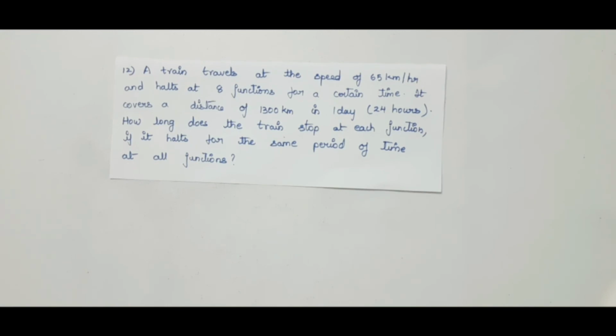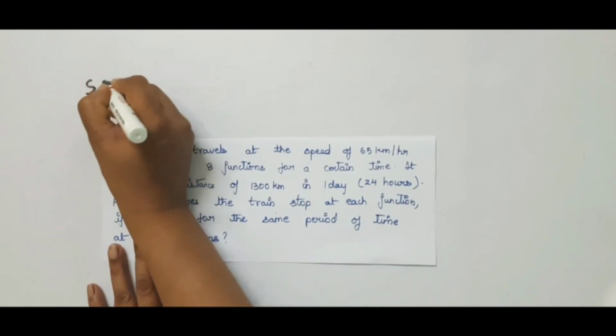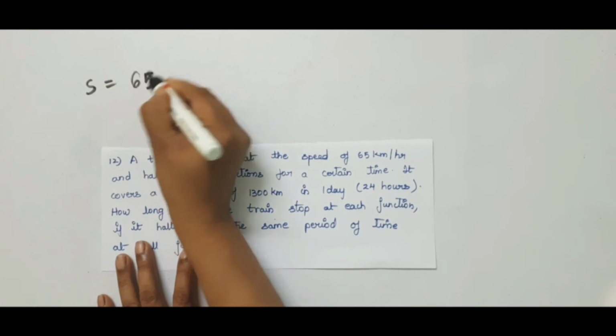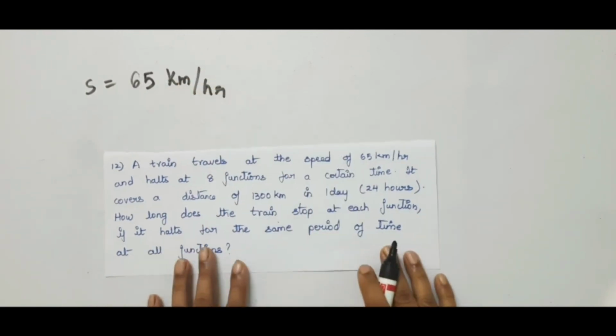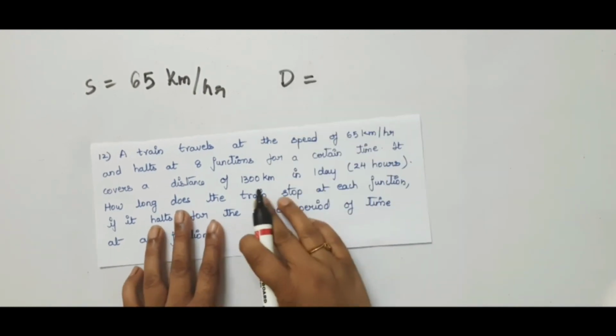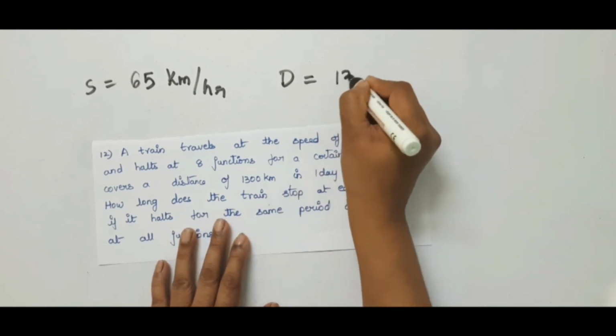So it has halted at 8 junctions and he has given the speed of the train, that is 65 kilometers per hour. And the distance is given as 1300 kilometers.